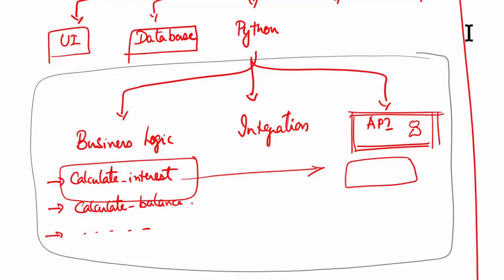So what is a function? A function, whether it's in Python, C language, C++, Java, is a self-contained unit. And when I mean self-contained, I mean self-contained in terms of the logic of how that functionality works. All you have to do is give instructions on what to do. So in the case of the example that we have discussed, calculate interest, this is a function.